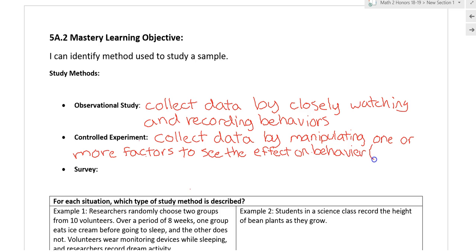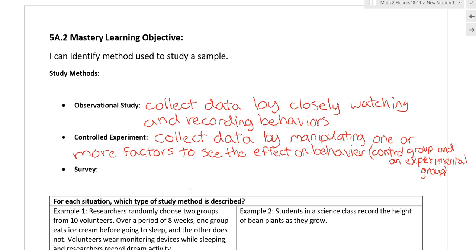And the biggest thing here is most of the times in an experiment you have what you call a control group and an experimental group. So one group you really just watch their behaviors and you don't really change anything, and another group you change something and then watch their behaviors and see how they're different.